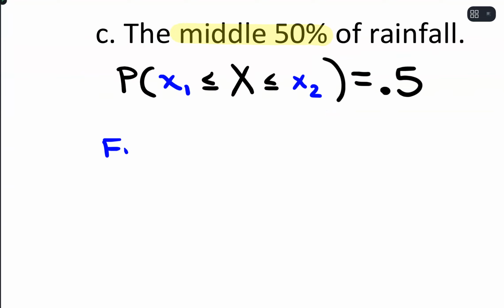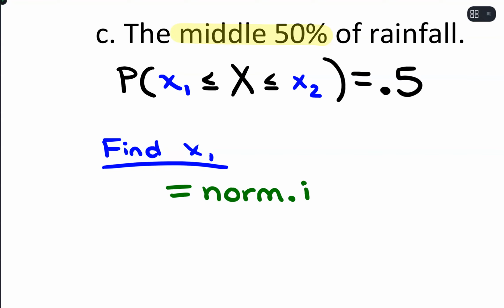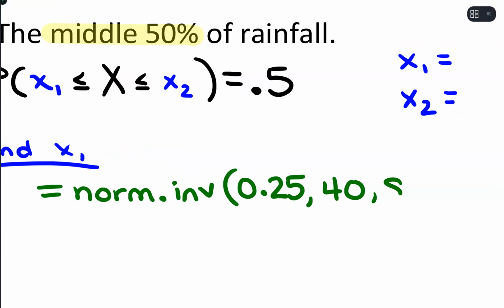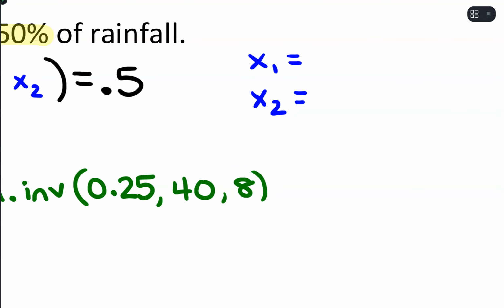So to find x1 in Excel, we're going to put equals norm.inv. For x1, that area to the left is the 0.25. So we type in 0.25 for the probability, mean of 40, standard deviation of 8, and that's going to give our x1 value.